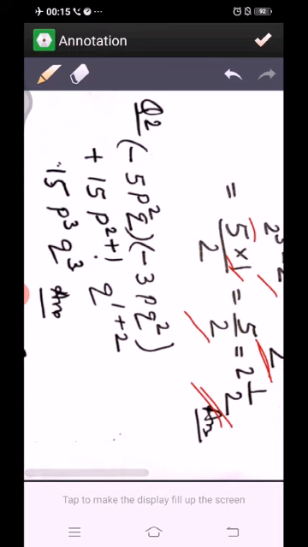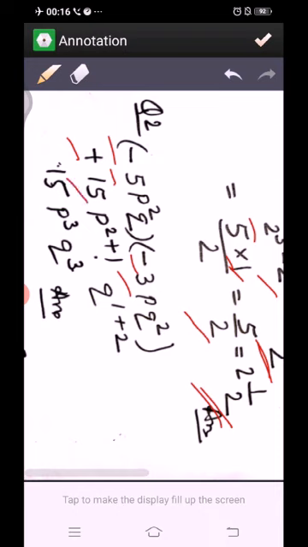Let's take one more question. Question number 2. Minus 5 p square q into minus 3 p q square. So first of all, this minus and this minus both multiplied, we get plus. Then numerals, they have no power, so simply multiply. 5 threes are 15.